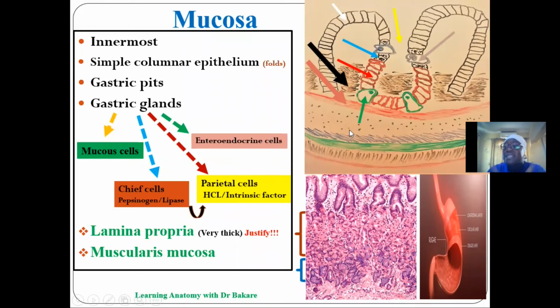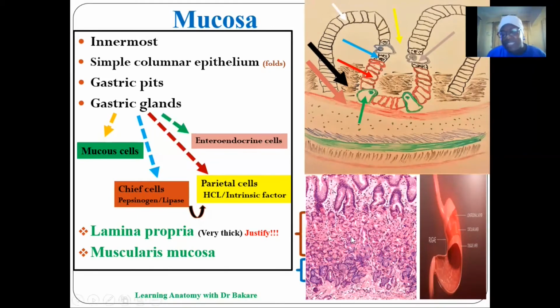These are also seen to run in folds, and they contribute to the formation of rugae because of the pattern of folding that they present. The rugae are more pronounced when the stomach is empty and gradually thin out or disappear, so it allows for expansion as they disappear.